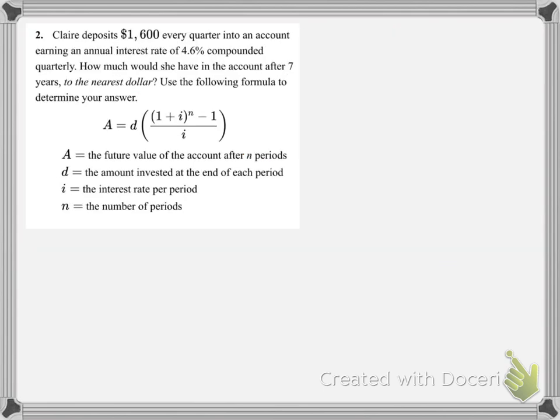Now, Claire deposits $1,600 every quarter. So that's a little different. Every quarter. So, how does that change things? Well, we'll see. Earning an annual interest rate of 4.6% compounded quarterly.